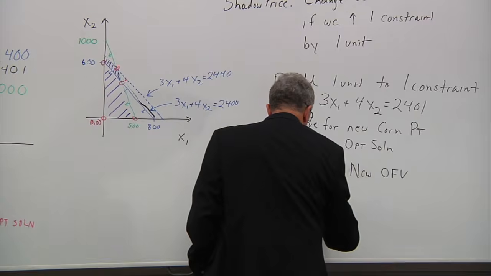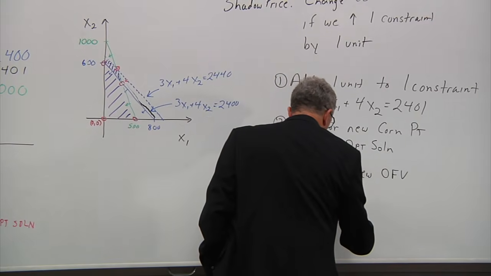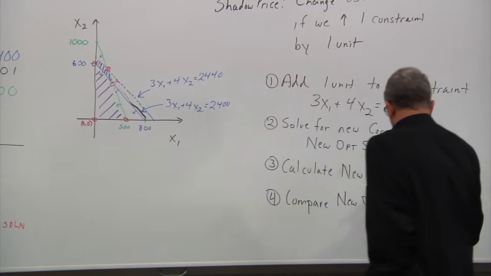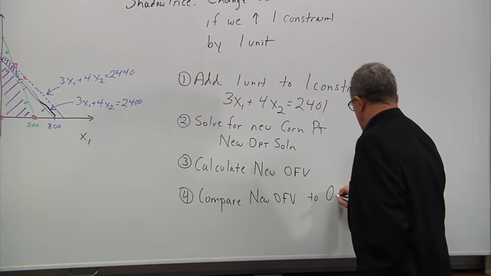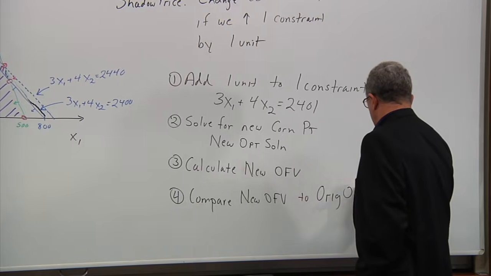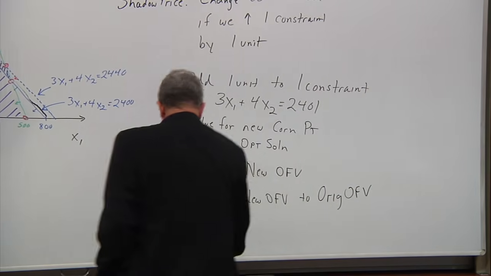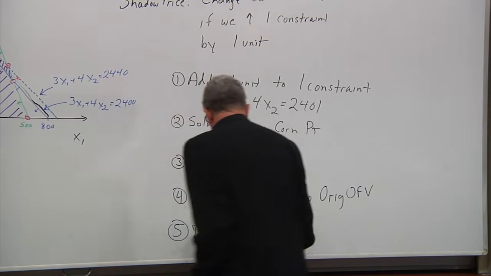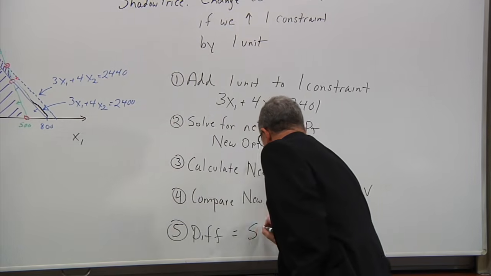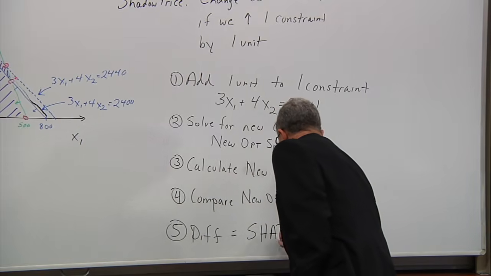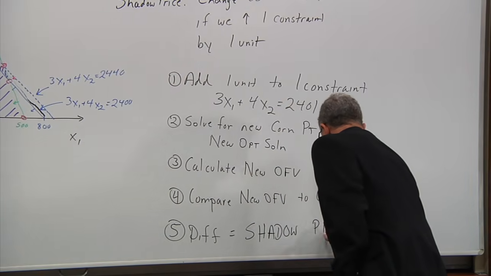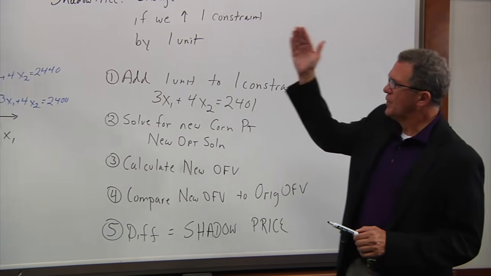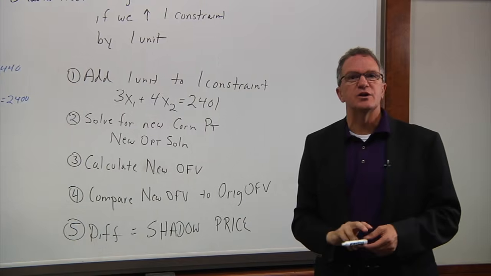We'll compare the new objective function value to the original objective function value. The difference between the two is the shadow price. So you got a 5-step process here. In the next video, we will take this out, we will solve this, and show you how it's done.